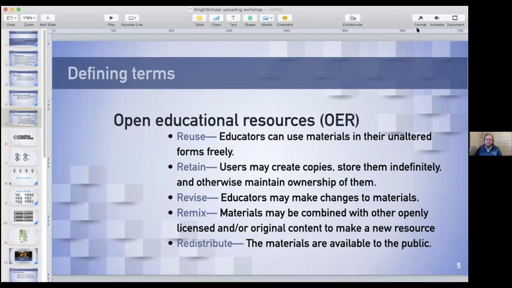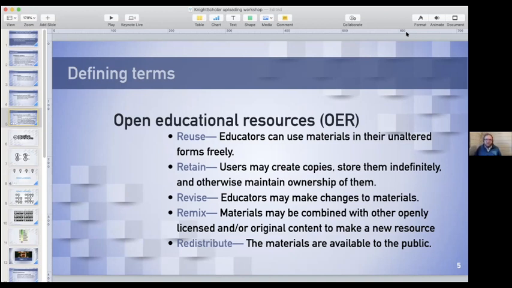Retain: users may create copies, store them indefinitely, and otherwise maintain ownership of them. Revise: educators may make changes to materials. Remix: materials may be combined with other openly licensed and/or original content to make a new resource. And finally, redistribute: these materials are open to the public.